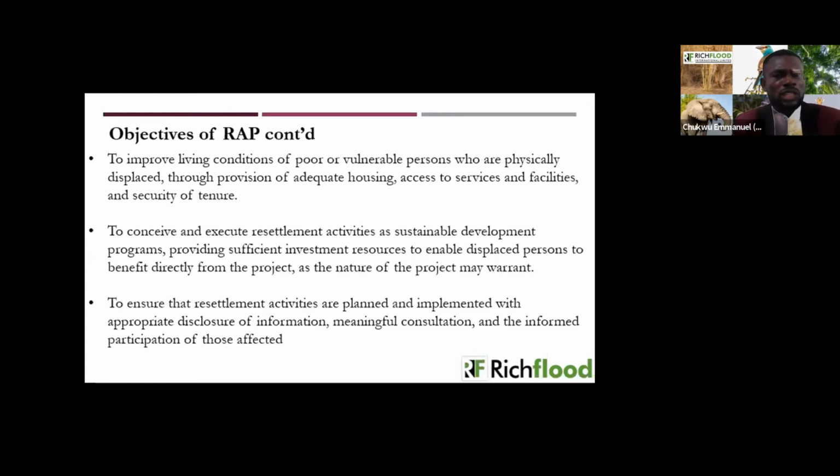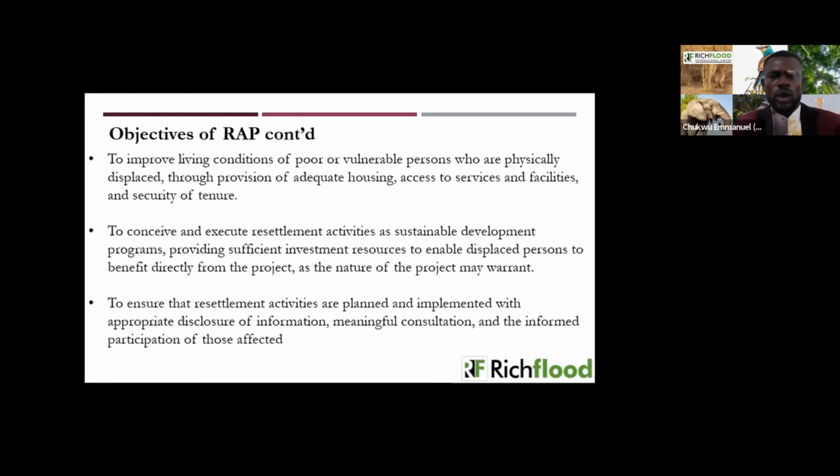Also, another objective of the Resettlement Action Plan is to ensure that resettlement activities are planned and implemented with appropriate disclosure of information, meaningful consultation, and the informed participation of those affected persons.